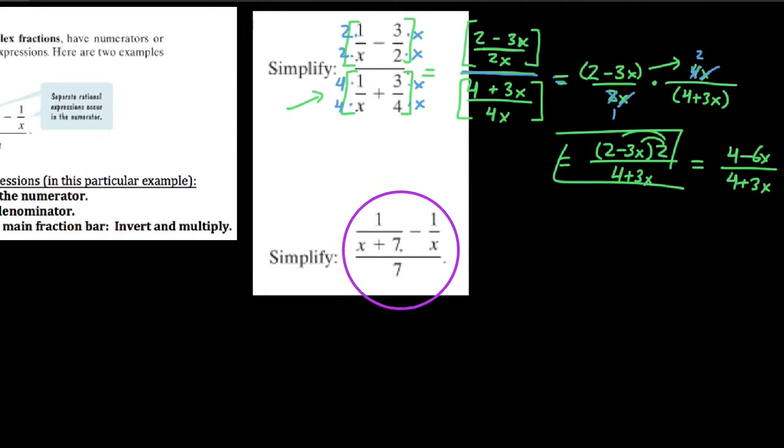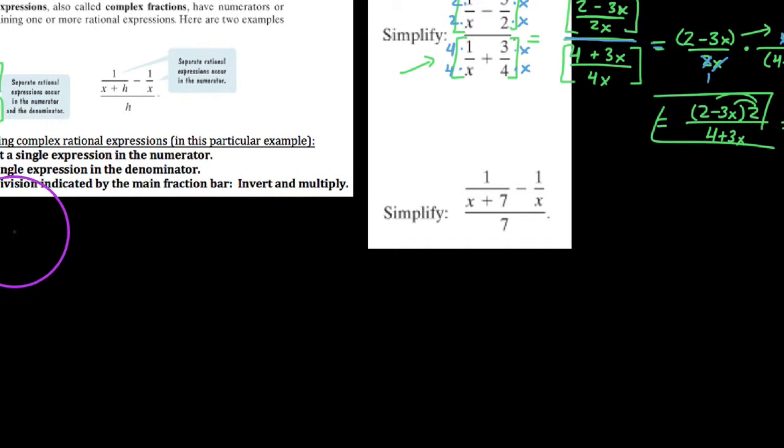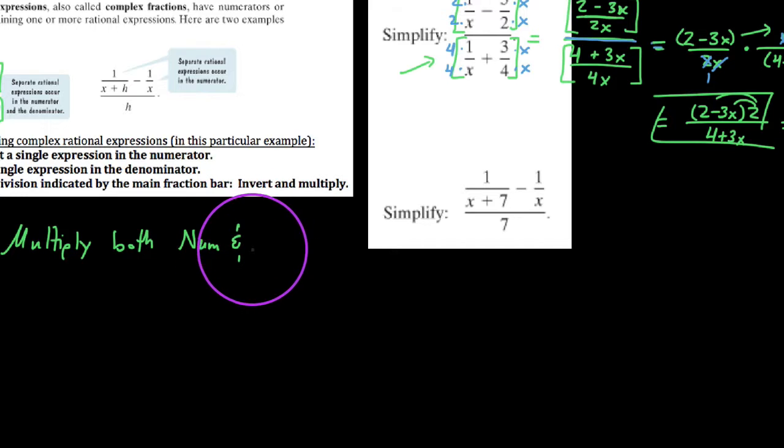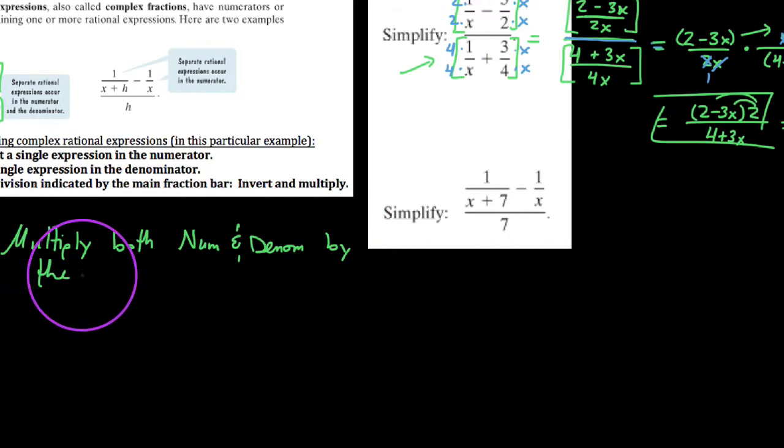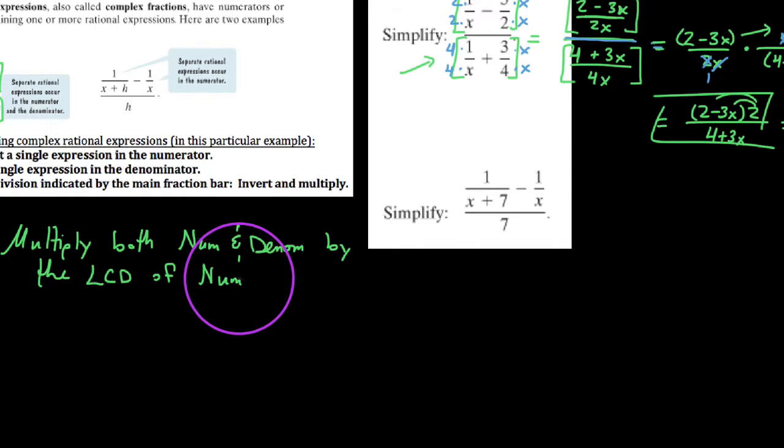Now, for the second example, I'm going to make a suggestion. We could do the same thing here, but what I'm going to suggest is this: multiply both the numerator and the denominator by the least common denominator of the numerator, because that has the complex rational mess in it.